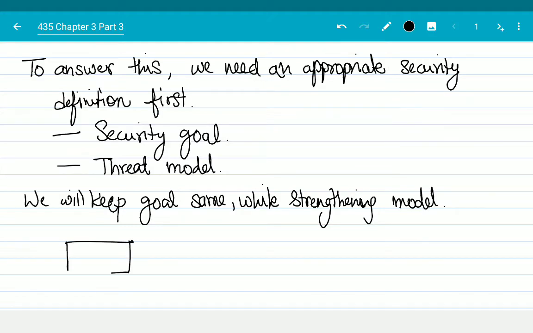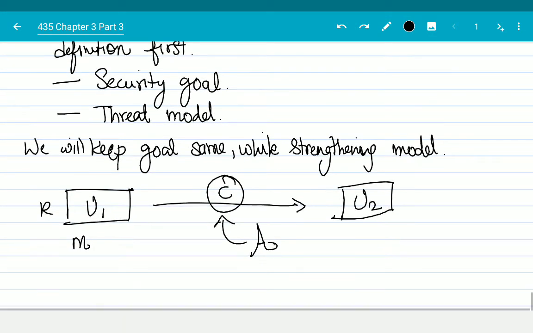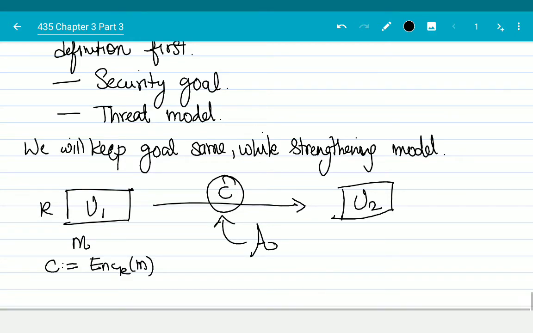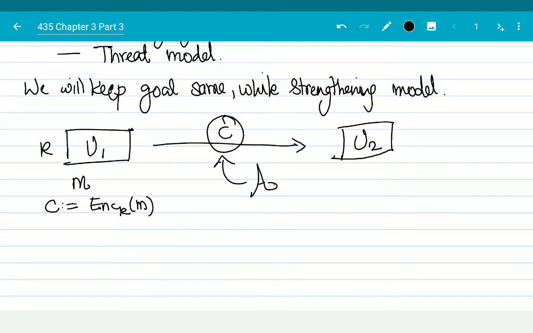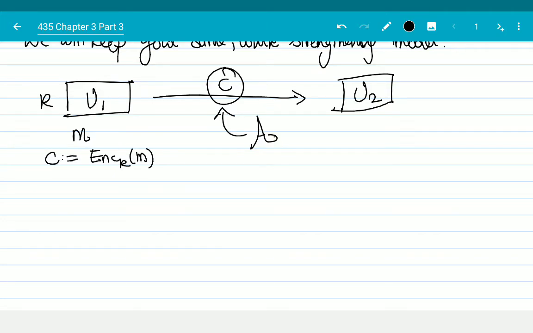You had a user 1, which I'll call U1, who sends a message with a ciphertext to U2, and this ciphertext can be intercepted by adversary A. He takes a key K and defines C equal to encryption K of M. The goal was that the adversary A should not be able to figure out from the ciphertext C what the message M was, with negligible success.